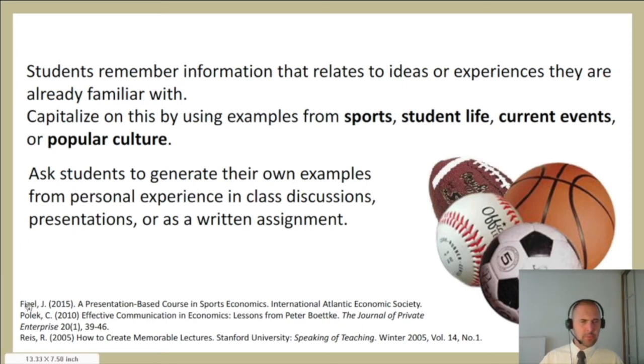Fizzle has a very good paper here on a presentation-based course in sports economics, in which it was a whole semester on sports economics, but where the students themselves did their own research on sports and then presented the economic connection to sports throughout the semester. So it was a very student-centered way of engaging students with the content.